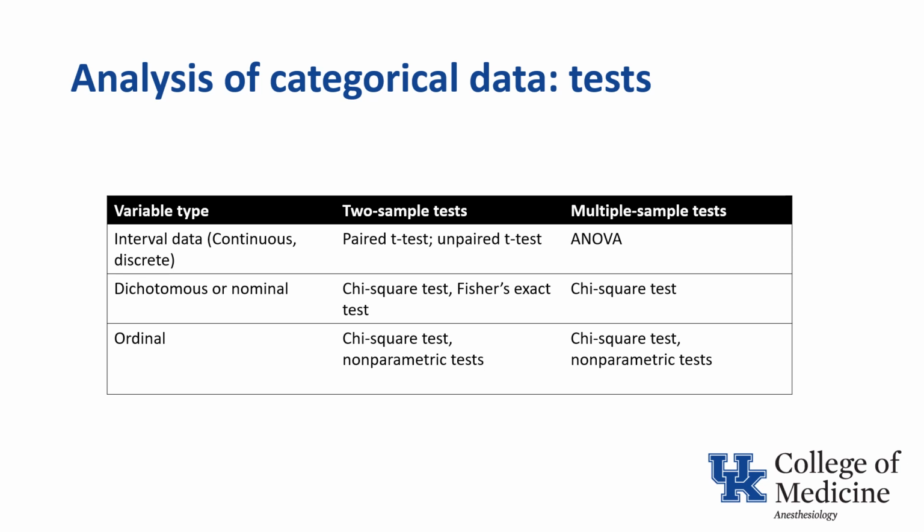Categorical data, which can be either dichotomous or nominal or ordinal data, will probably need a non-parametric test, and some of those are chi-square test, Fisher test, and other non-parametric tests as listed in this table.